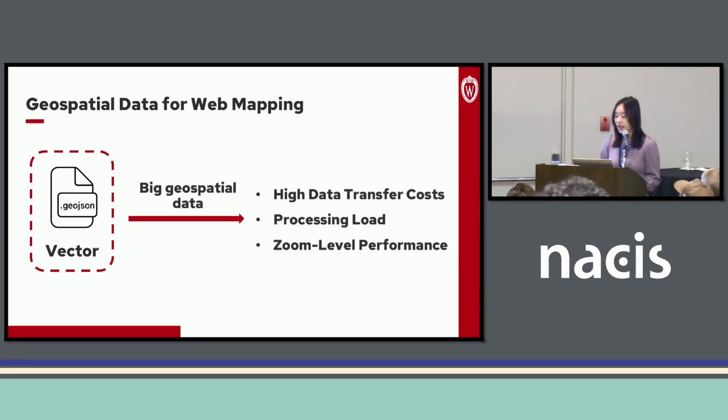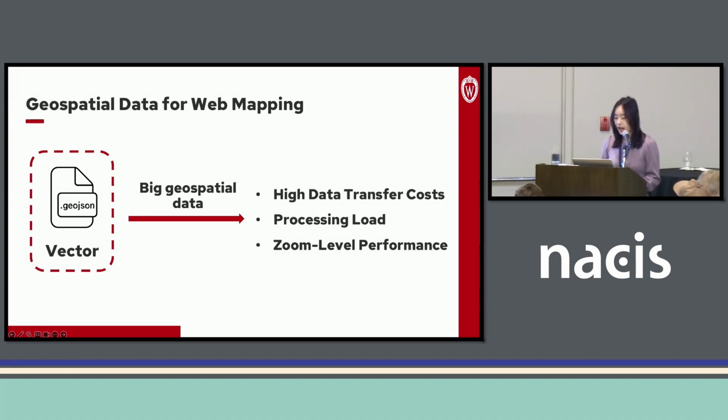However, using vector data in web mapping comes with significant challenges, especially when working with large data sets. First, since vector data includes complex geometries and attributes, it can require substantial bandwidth to load and transfer efficiently over the web, which means high data transfer cost. Second, rendering and interacting with vector data puts a heavy load on client-side processing, especially in browsers, which slows down performance.